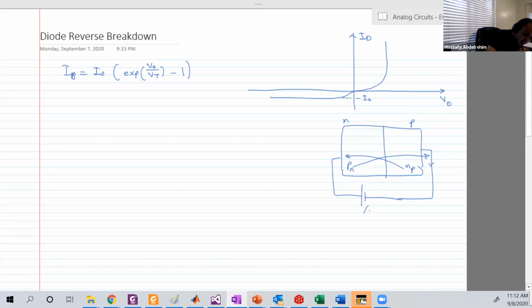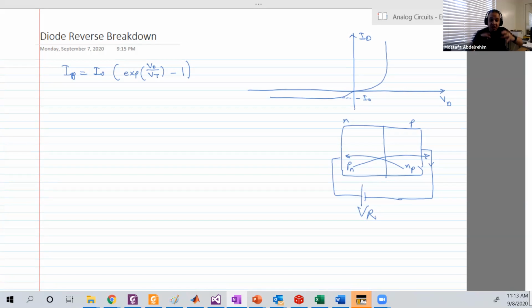If you increase the reverse voltage to a very high value, this minority current, which is I naught, is driven, or drifted, because this is a drift current, by VR.